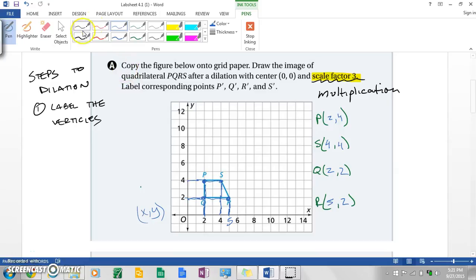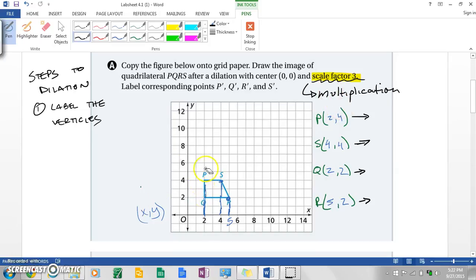Now, we talked about the scale factor earlier being key when we answer questions about dilations. We also said that scale factor normally is going to mean multiplication, and it is. So when we figure out where our new points are going to be, what this scale factor is doing is telling us that it's going to get 3 times bigger.